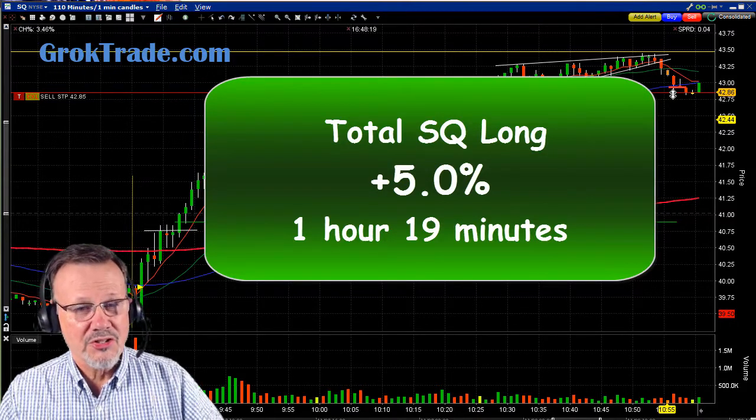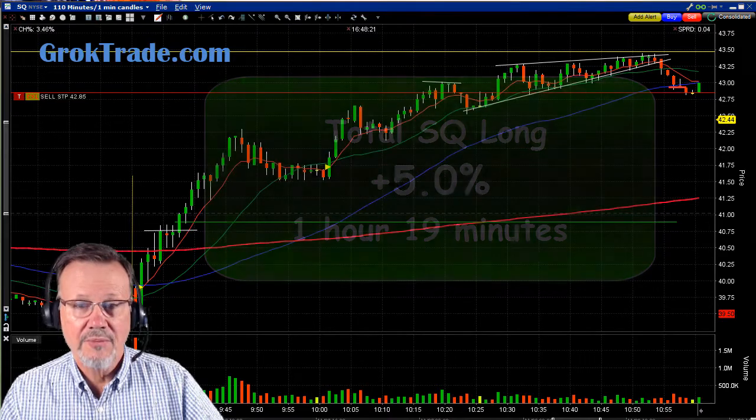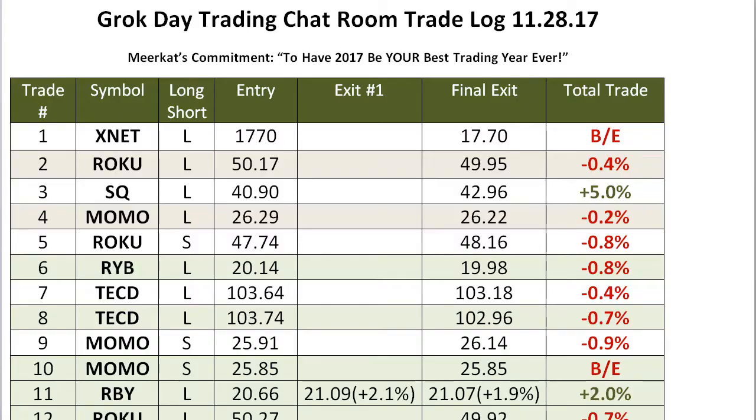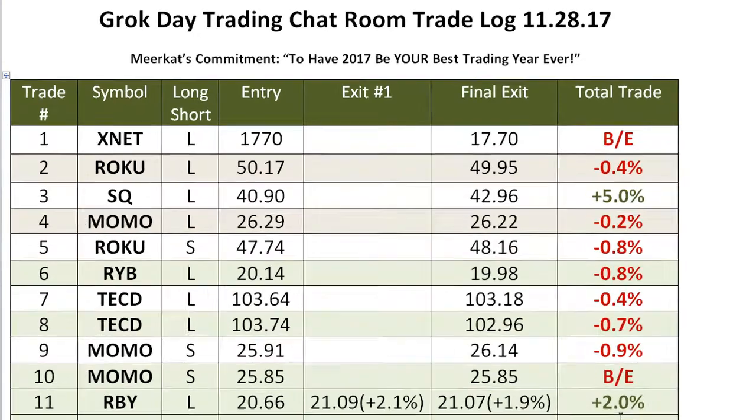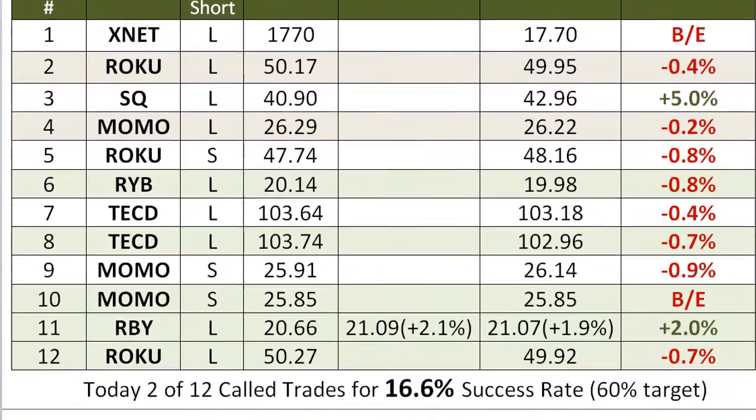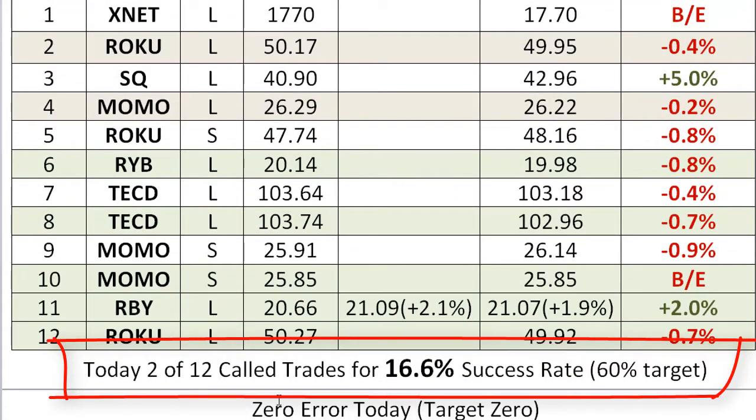Hoo-ah! Well, this was kind of a struggle today. Let me show you what we did in the Grok day trading chat room today. This was the biggest trade of the day, that 5%er right here, but that took over an hour to make. And look at all these. I had lots of break evens, and I kept cutting my losers short, but had a lot of them today. In fact, today we were just 2 of 12 trades for a 16.6% success rate.